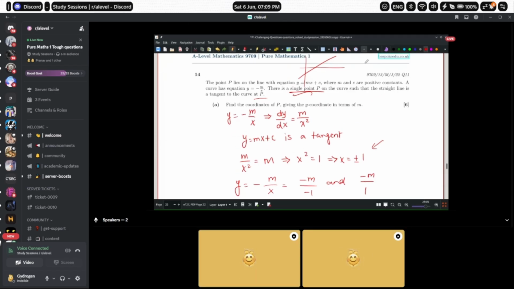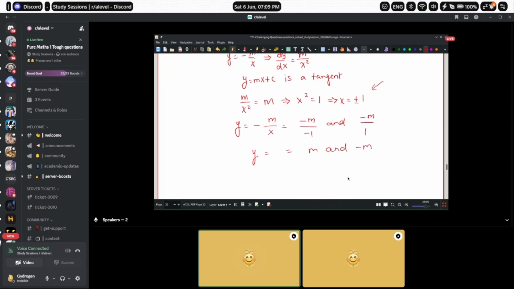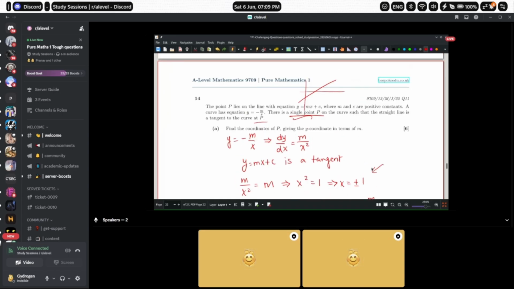But then how is there a single point? You have to consider the linear equation also. Has to be something about this. But what about it?